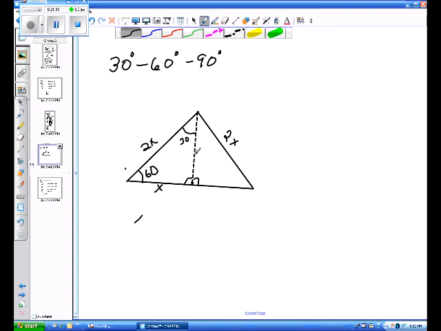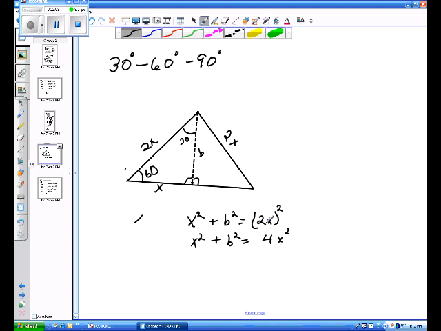We can use our Pythagorean theorem then to find what the height of that triangle is. We know that x squared plus, let's just call this b, b squared equals 2x squared. So first of all, let's square that. So x squared plus b squared equals 4x squared.